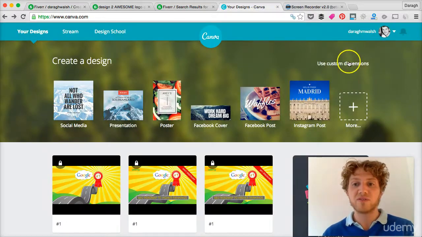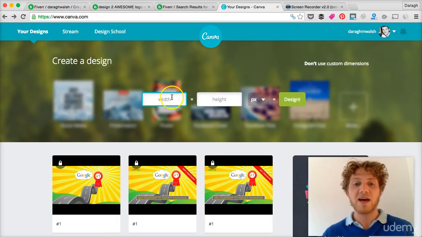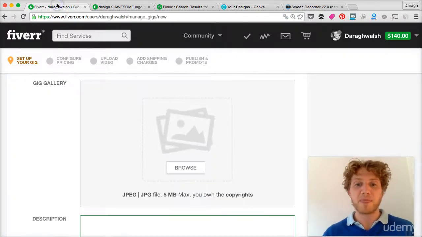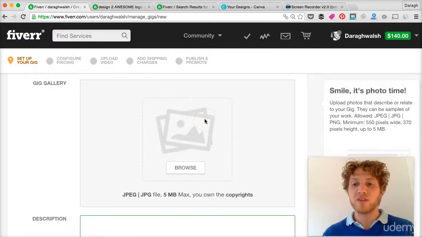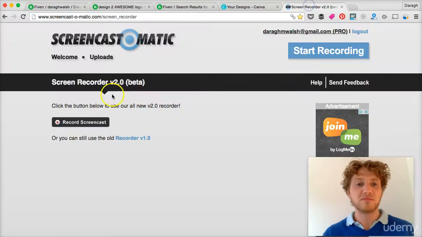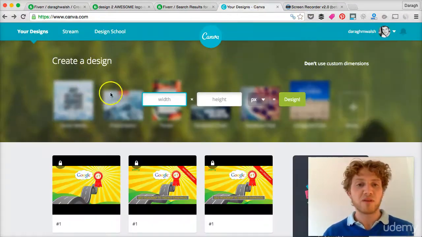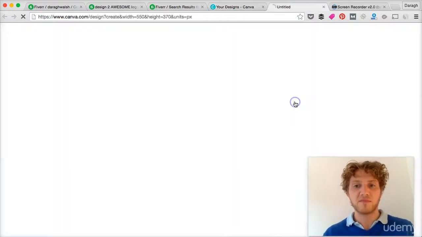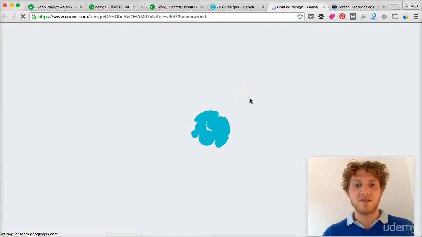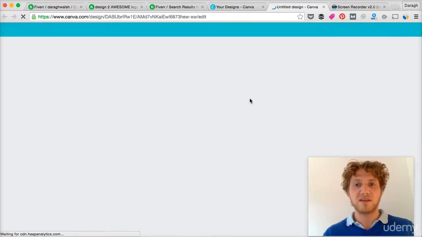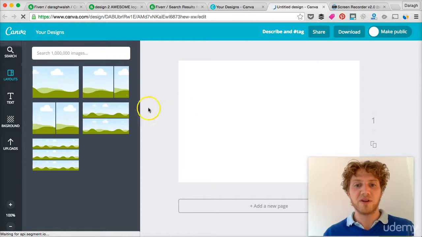So what you can do is come over to Fiverr. What did it say? The width is 550. Height 370. And then within that space, you've got the opportunity to put in a whole host of things.